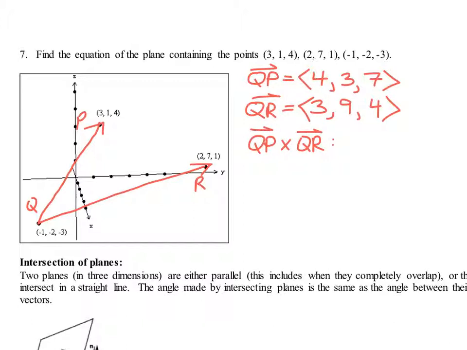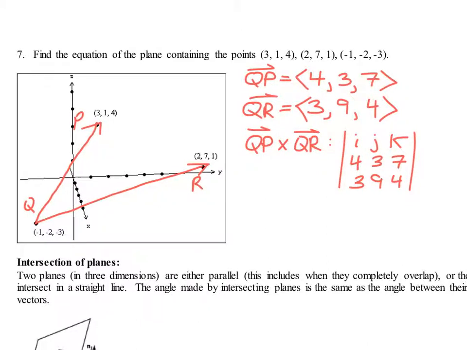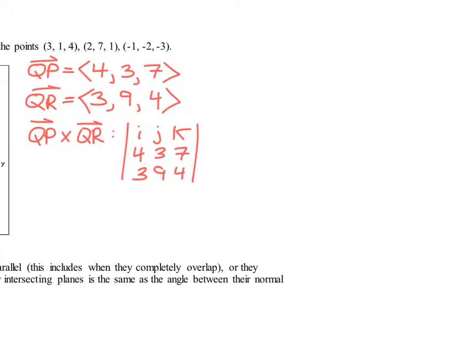I'd write it as i, j, k, 4, 3, 7, 3, 9, 4. I really don't need the picture anymore, because the cross product is all I need. In order to write the equation of a plane, you need the normal vector and a point on the plane. If you have those two pieces of information, you pretty much have what you need.